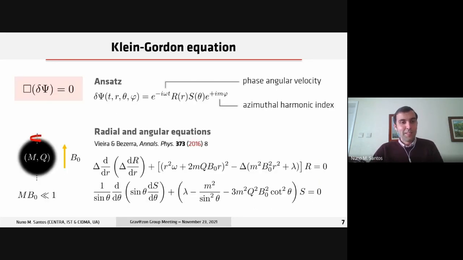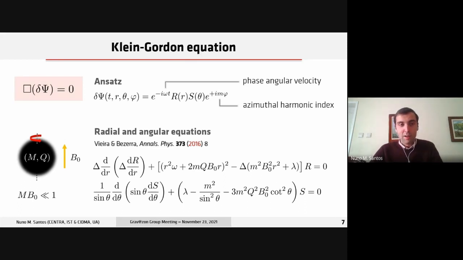A tentative approach to this problem, which is not that complicated actually, is to use multiplicative separation of variables in this form, where we have a complex exponential dependence on time. We have this omega, which is the frequency or phase angular velocity of the field.